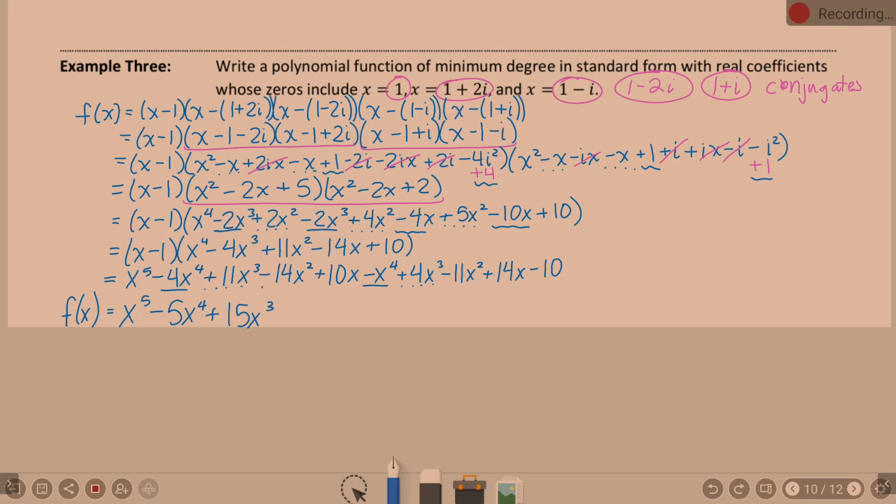Minus 14x squared and minus 11x squared is minus 25x squared. 10x and 14x is 24x, and minus 10.